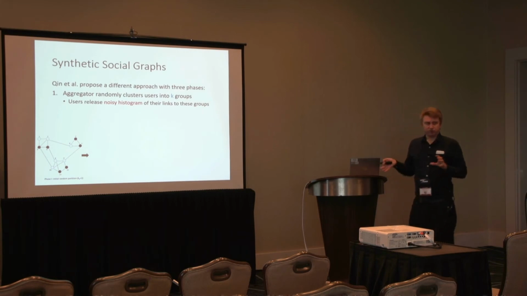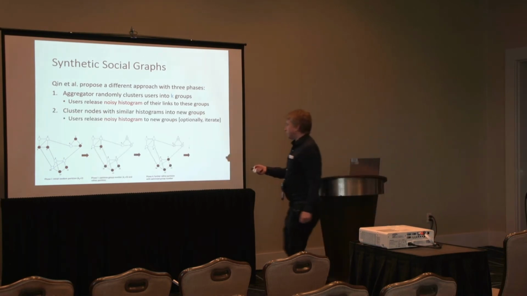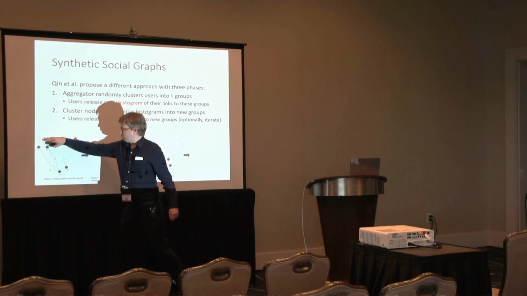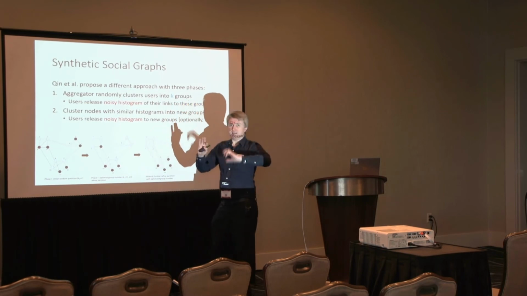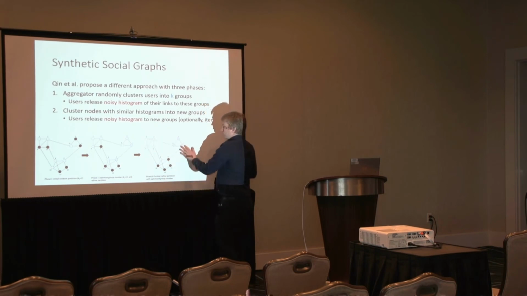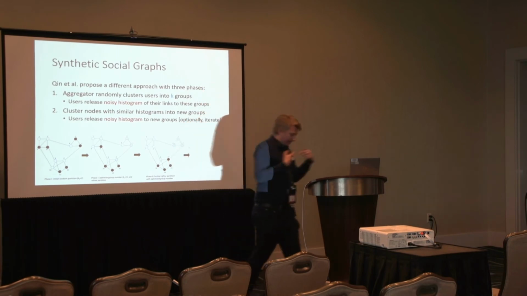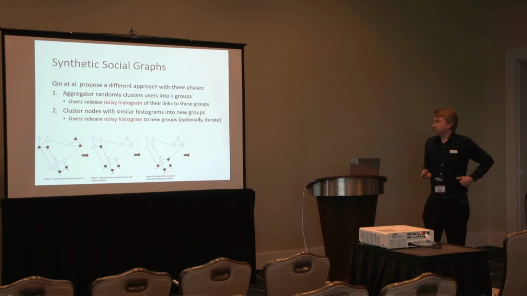And it's not really very great because it's random, but then what you can do is a few iterations. So you can essentially say, okay, based on this random partitioning of nodes into white and black groups, I see that some nodes do have a bit of commonality, so I'll group those nodes together, redefine my groups, say, okay, now let's call them the white nodes, the grey nodes and the black nodes are my groups, and now I'll get everyone else again to reveal their noisy histogram to each of those groups.